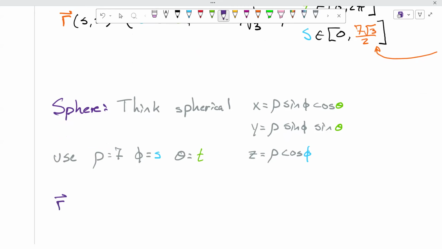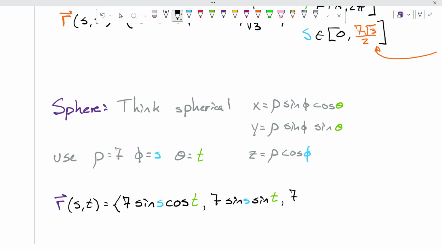So my parameterization of S, T is 7 sine S cosine T, 7 sine S sine T, and then 7 cosine S.